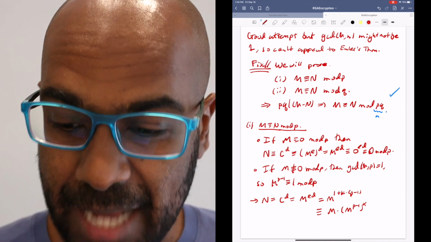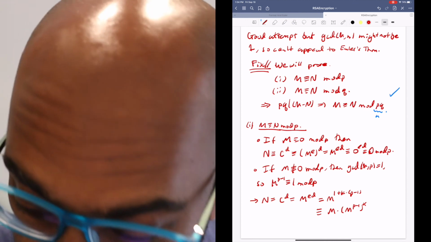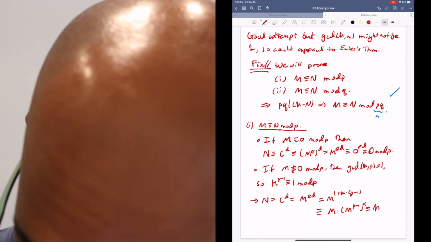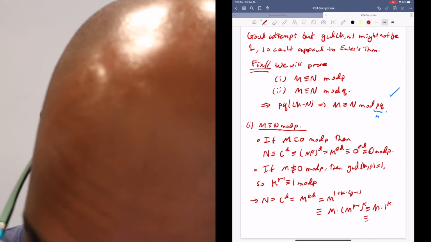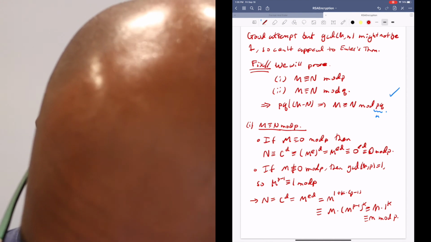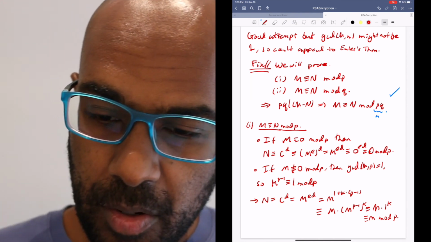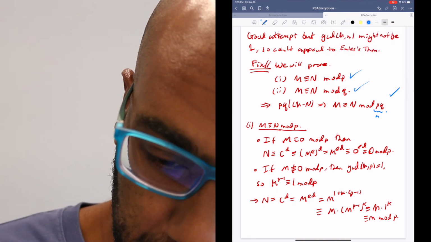And now we're actually in a situation, because the GCD of M and p is 1, to use Fermat's little theorem, or in other words, Euler's theorem in the prime case. This is congruent to this, which is then congruent to M mod p. Okay, so that takes care of this first bullet.